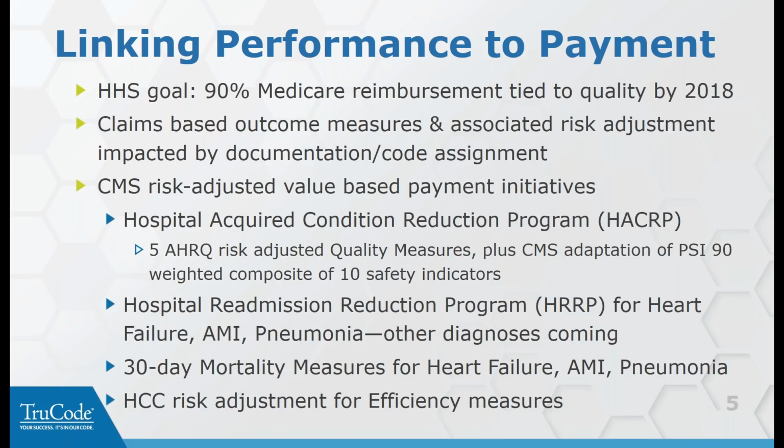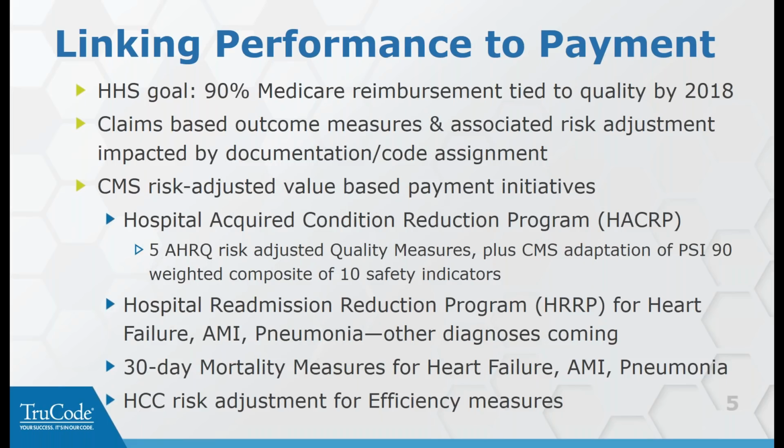They did supersede the 2016 goal, so I imagine we're pretty close to that 90% if we're not already there. The claims-based outcome measures and the associated risk adjustment are greatly impacted by physician documentation and code assignment. So that still plays a huge role, in some cases almost a bigger role than the MS-DRG reimbursement, but at least the same scale of weight in terms of making sure that everyone is getting paid accurately.